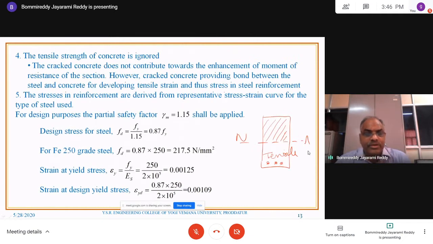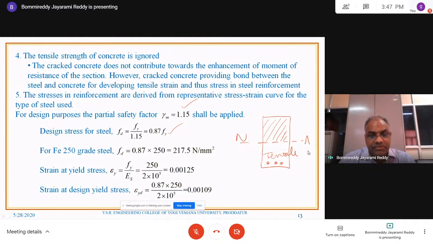So here, for design purposes, a partial factor of safety for steel of 1.15 shall be applied. So what is design stress? Fd equal to Fy by 1.15, it is 0.87 Fy always.